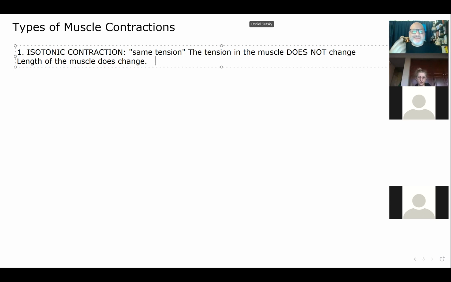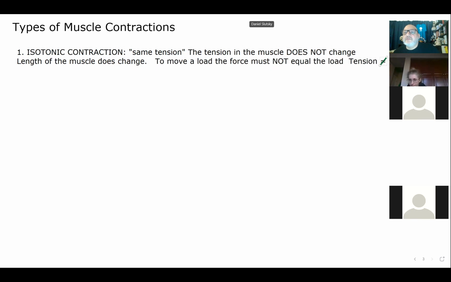No. So notice in this case, to move a load, the force must not equal the load. So the force has always got to be different. The force or the tension I produce cannot be equal to the load. And I don't know how to make a not equal, so I'll cheat and do it that way. The tension cannot be equal to the load.